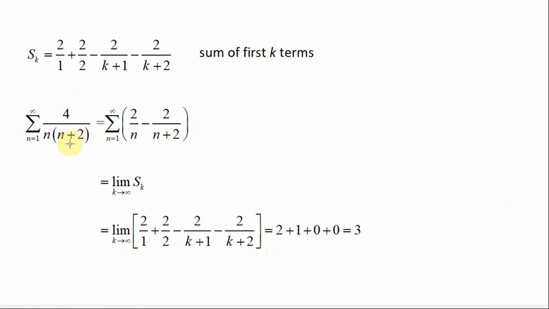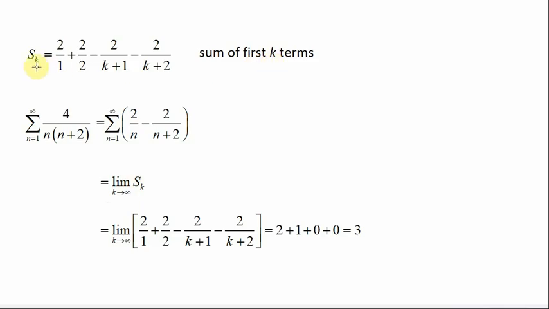This is our original infinite series, which is the same as the limit of s sub k as k approaches infinity. Recall that this is the sum of the first k terms.